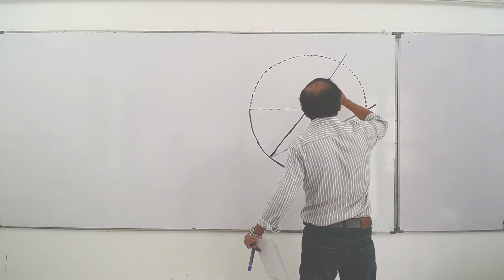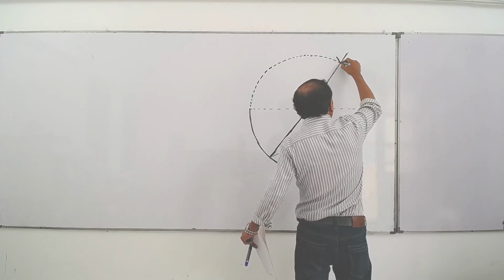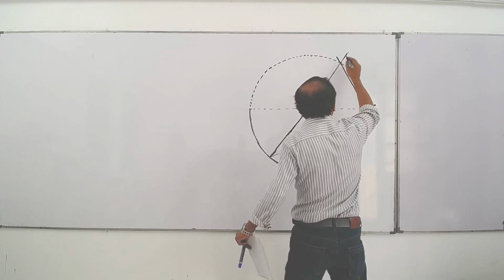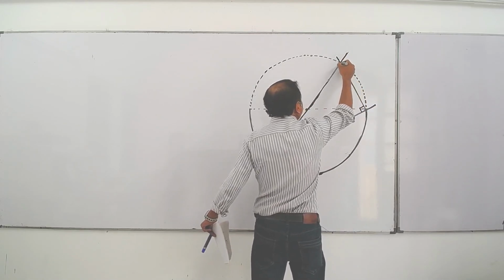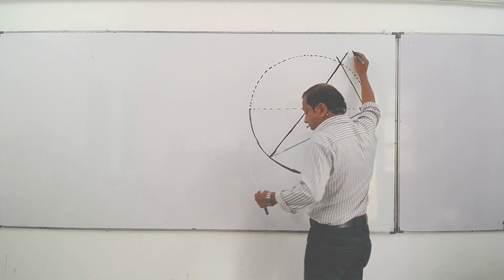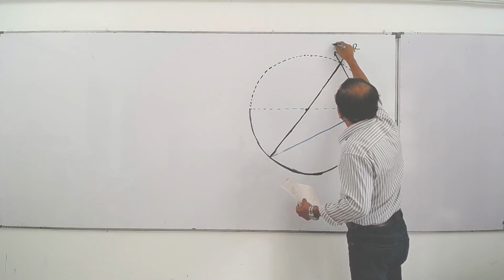Here the normal reaction should pass through this point, perpendicular. Okay, let us take this as R and this as S.